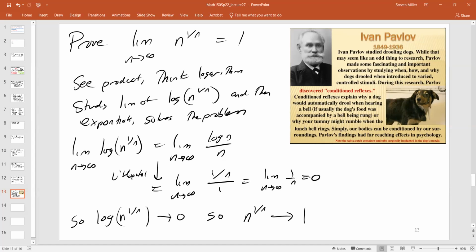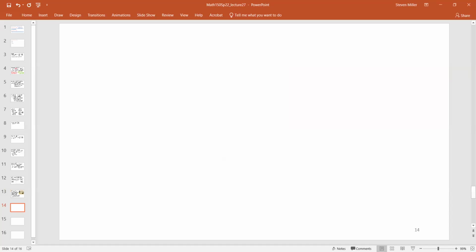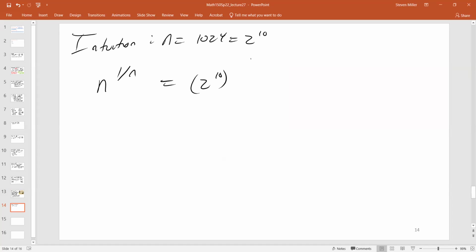I mean, if you think about it, if you take n to be, say, 1024, which is 2 to the 10th. So your intuition. Let's say we have n equals 1024, which is 2 to the 10th. So n to the 1 over n would be 2 to the 10th to the 1 over 2 to the 10th.